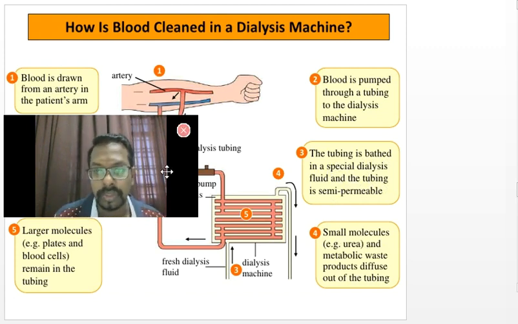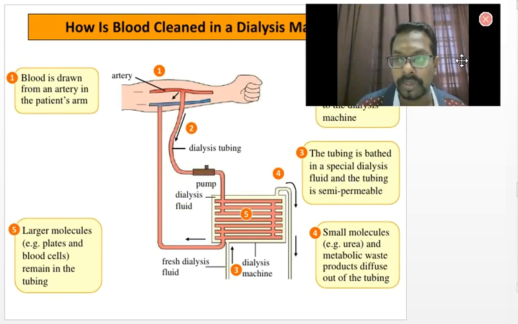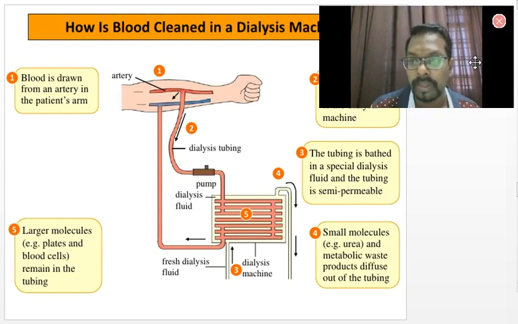Small molecules, for example urea and metabolic waste products, diffuse out of the tubing. Large molecules, for example platelets and blood cells, remain in the tubing. Then the blood goes back to the body.